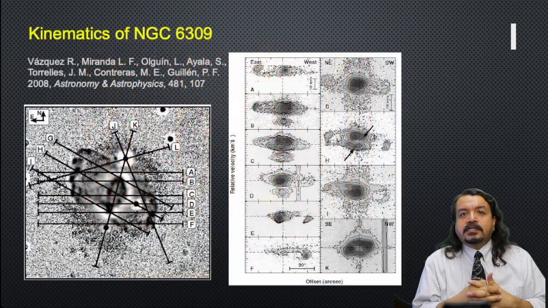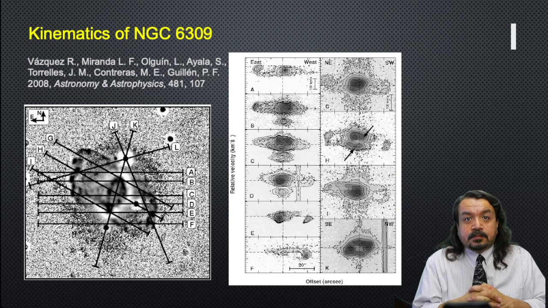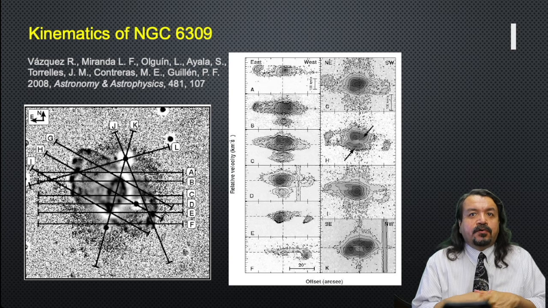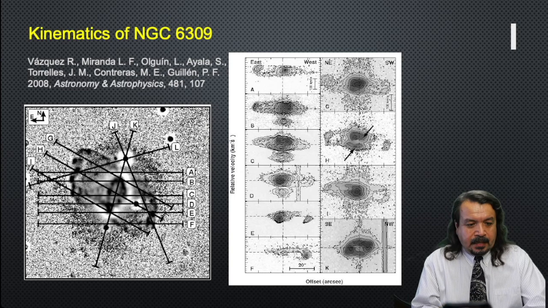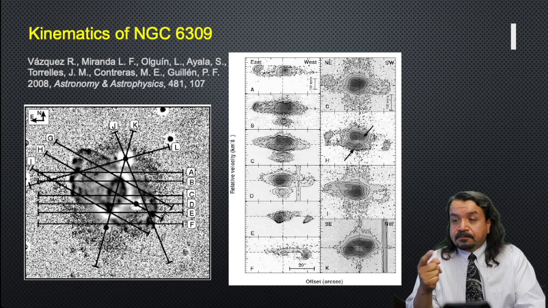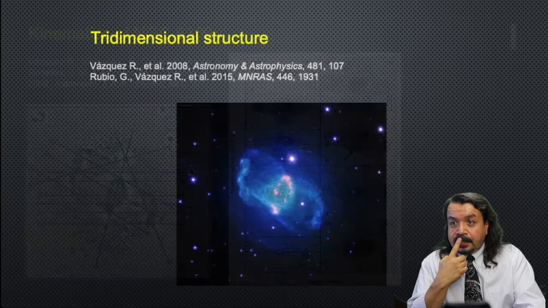This other one is NGC 6309, which is a very complex case. The data were finally interpreted as a system consisting of a ring and two pairs of bipolar outflows. You see all these complex spectra and the interpretation.